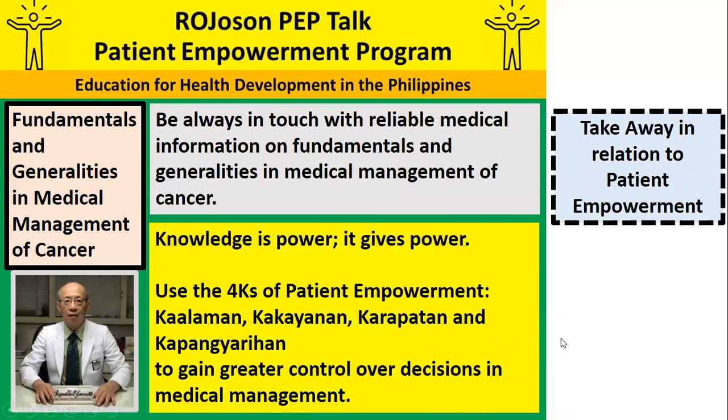Takeaway in relation to patient empowerment. Be always in touch with reliable medical information on the fundamentals and generalities in medical management of cancer. Knowledge is power. It gives power. So use the 4 Ks of patient empowerment: kaalaman, kakayanan, karapatan, and kapangyarihan to gain greater control over decisions in the medical management of cancer.